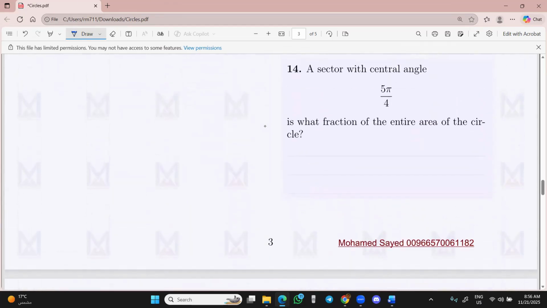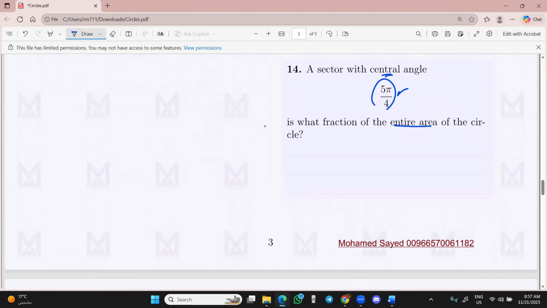And then comes question number 14. A sector with a central angle, which is written in radians, as you can see, is what fraction of the entire area of the circle? If the question talks about the central angle in radians, you need to remember that the entire circle has a radian measure.